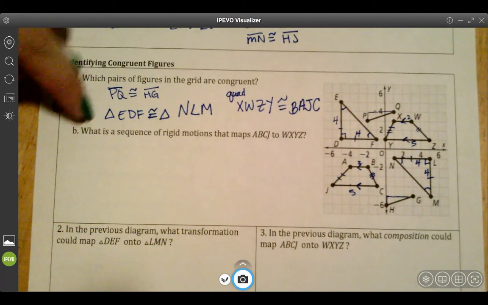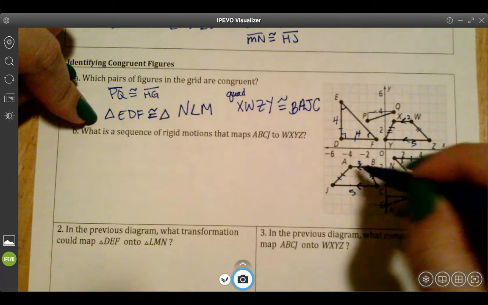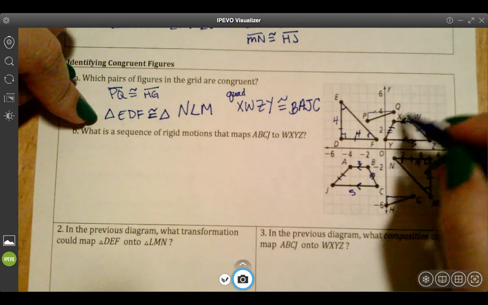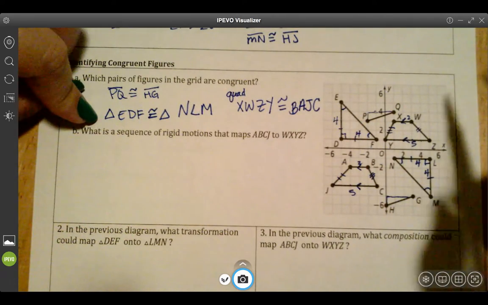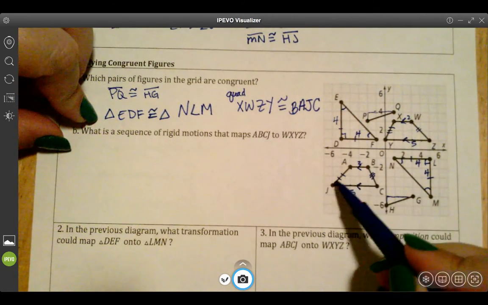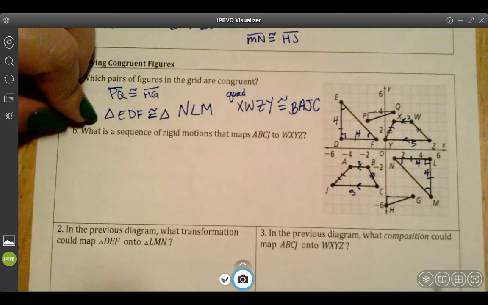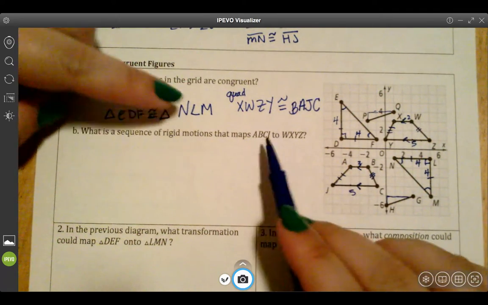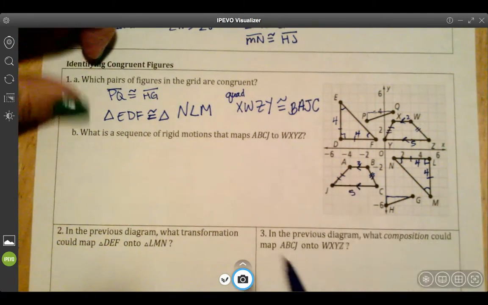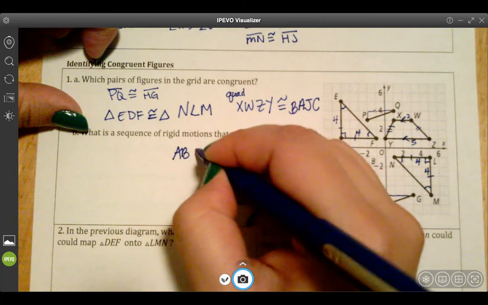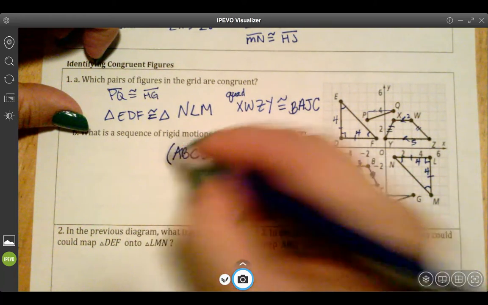The next question, what sequence of rigid motions maps ABCJ, that's the quadrilateral, to this other quadrilateral? Okay, well, notice the long side of my quadrilateral is on a different side. So that tells me that I'm going to need a reflection. So we started with ABCJ, and let's reflect it.